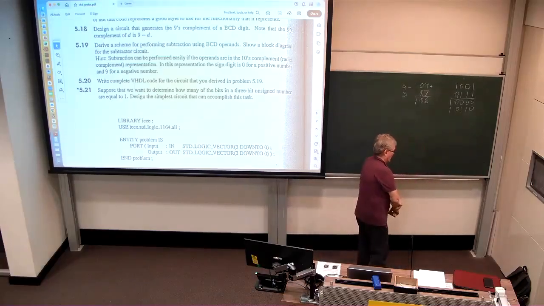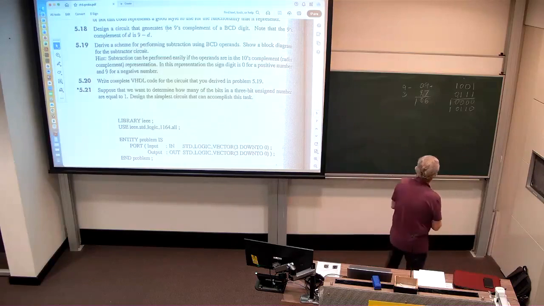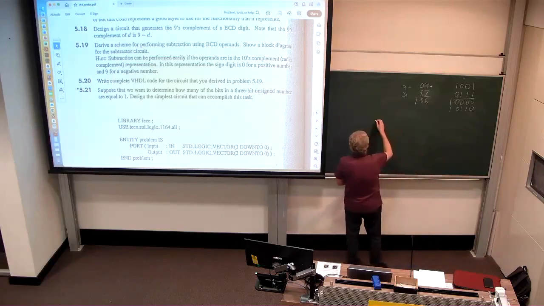But as for a good approach on how to do this, I think first you've got to be able to derive the 10's complement, which is easy enough, and I think that is in the lab, isn't it?